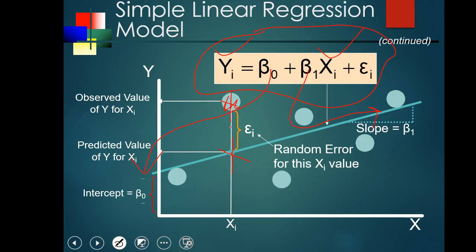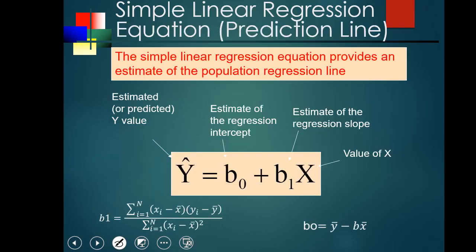So the difference between the two gives us the error in that data. I can also represent the predicted y by y p or by y hat. So y hat represents the predicted y which we obtain from this equation. Beta naught is the regression intercept, or y intercept. Beta 1 is the regression slope, and x is the independent variable.